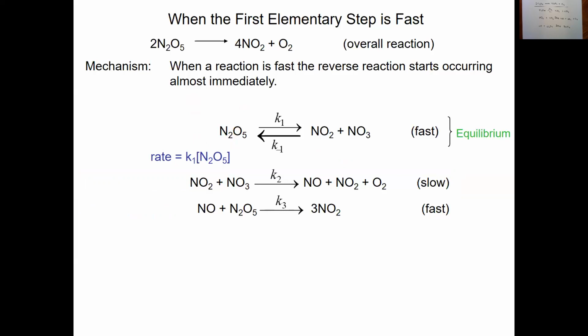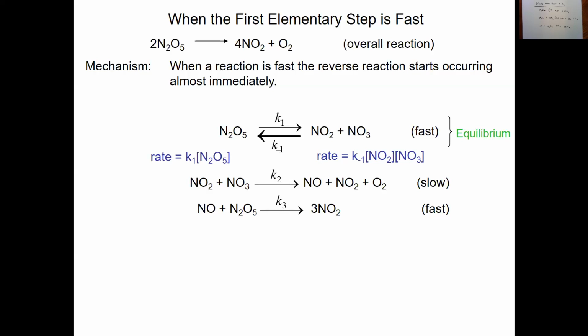So the reverse reaction will be rate equals K negative 1 times the concentration of NO2 times the concentration of NO3. Note that when you know your steps are elementary steps, the coefficient in front of your reactant is the exponent in your rate law.